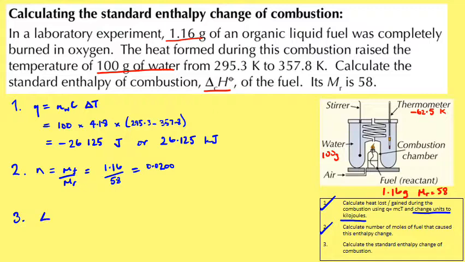So our standard enthalpy change of combustion, you remember, is Q divided by n, where Q is in kilojoules. So we're going to put minus 26.125 as the numerator, and we have number of moles as 0.0200.